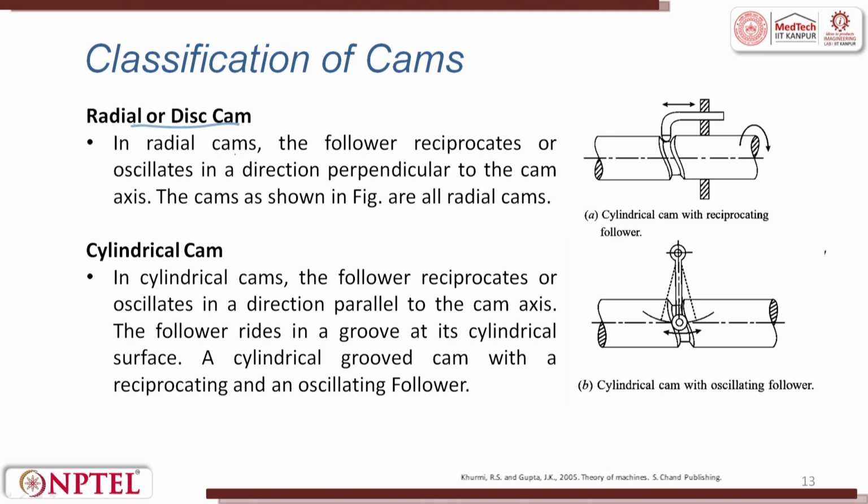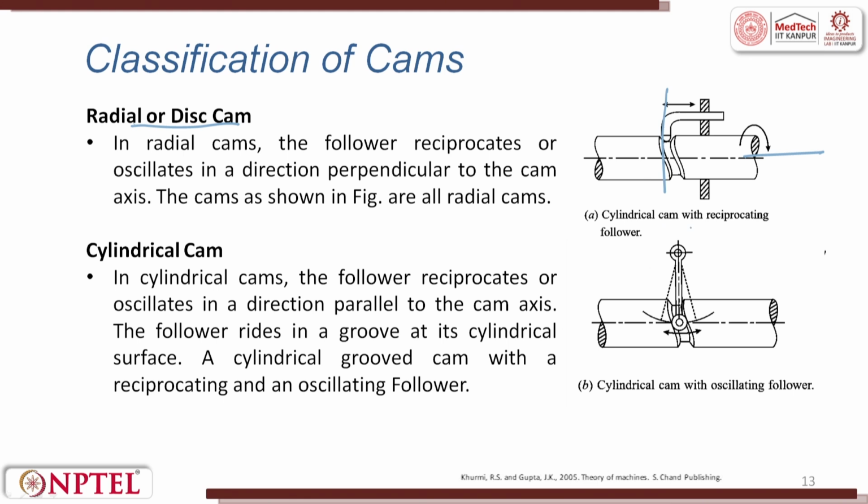In radial cams, the follower reciprocates or oscillates in a direction perpendicular to the cam axis. So, rotation is there, and perpendicular to that it can go.